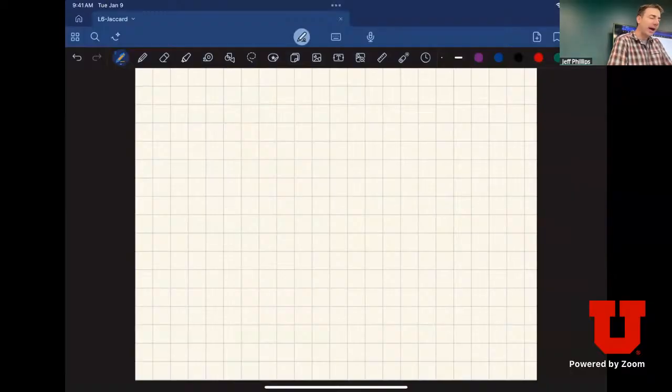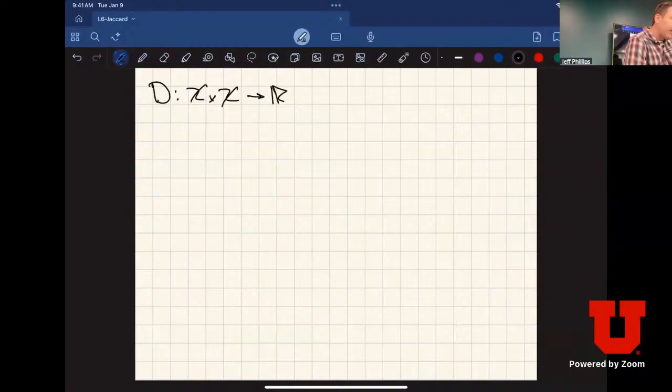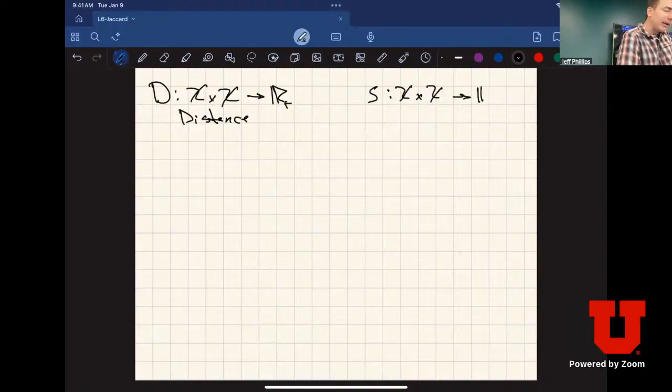Okay, so I wanted to start with the differences. We've talked about a distance D, which was a distance between two objects. We're going to instead today talk about a similarity, which is also going to be a function that goes from two things in a space to the real values.